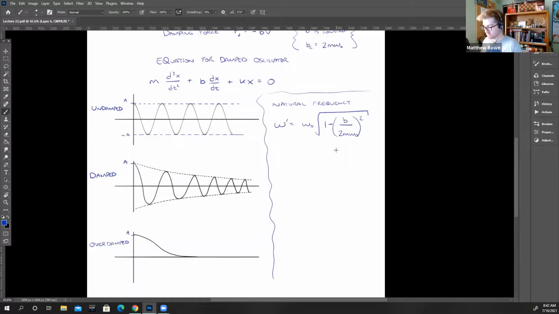If we were to look at a damped system like this, it also has a natural frequency. If you were the beach ball on the waves and timed when they come in and pass you, that would remain the same.